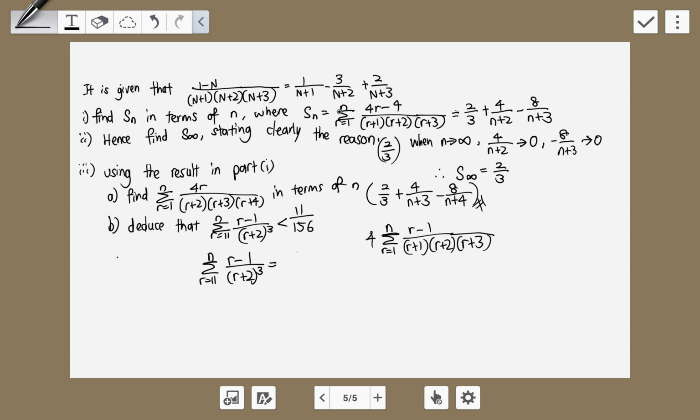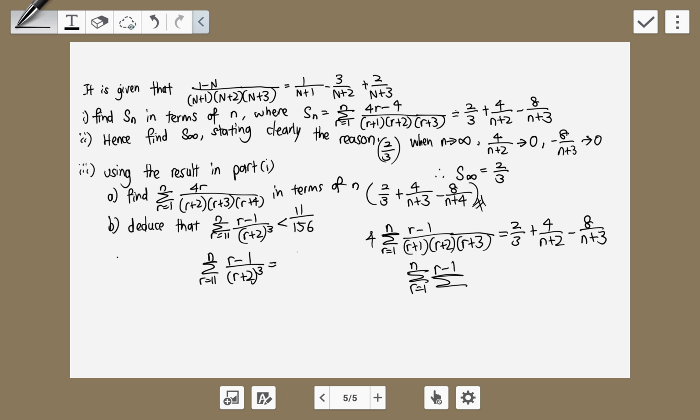So I'm taking this as equivalent to this term. I just need to multiply the 4 in, right? So equals to 2/3 plus 4 over n plus 2 minus 8 over n plus 3.